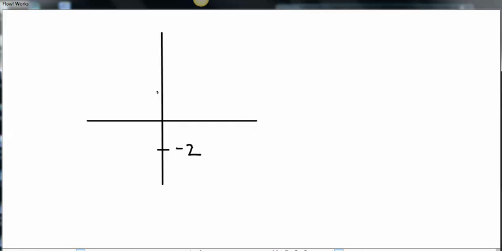So it looks kind of like this. The graph goes through negative 2, and it looks like it hits at negative 2 and it hits at 1.